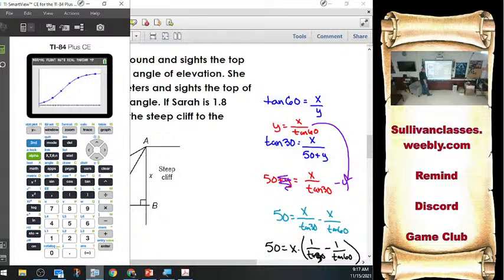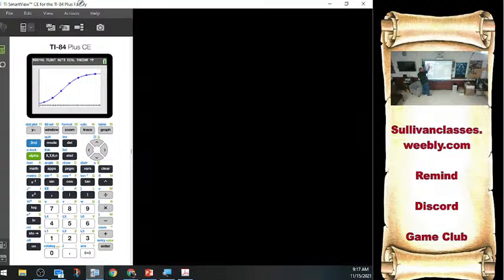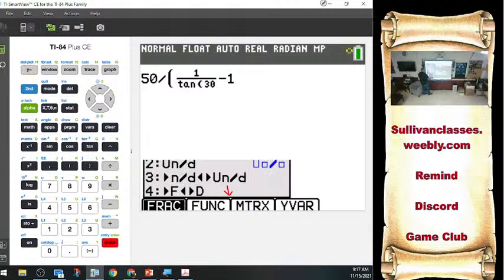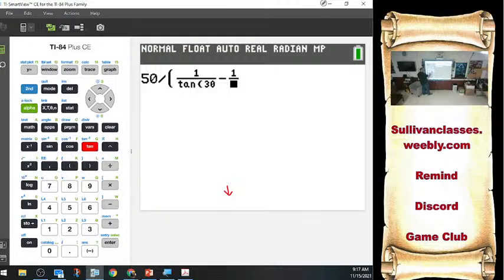I'm okay with you giving the decimal for it. 50 divided by 1 over tangent of 30 minus 1 over tangent of 60. I suppose I should go finish off those parentheses, huh?